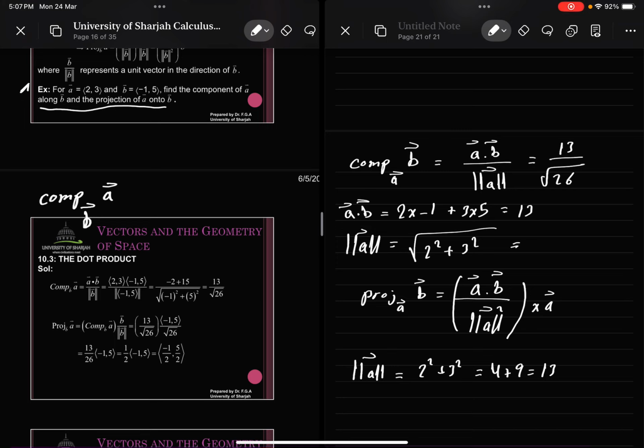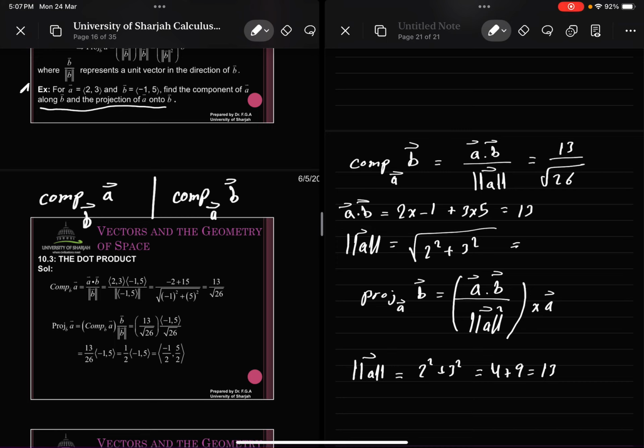I don't know why, but anyway, in the final or midterm, they will write if they want you to find the comp a along b or b along a.